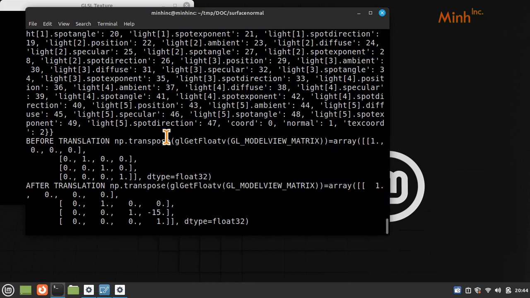Okay, so before translation it is the unit matrix, 1, 1 in the diagonal. And after the translation we can see minus 15, that is in the third row.